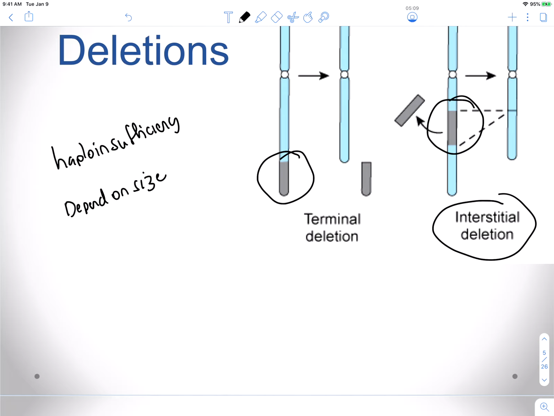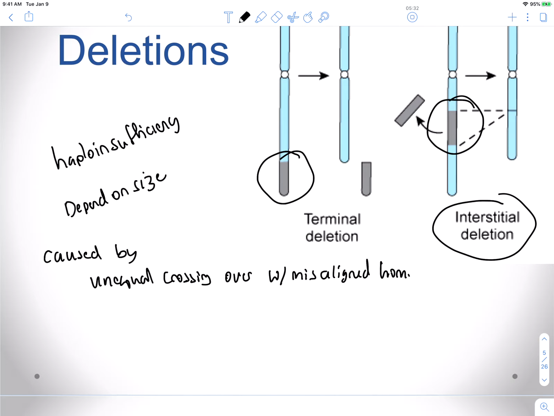And the deletions can be caused by unequal crossing over, and this is going to be with misaligned homologous chromosomes. It also can originate by chromosome breakage.